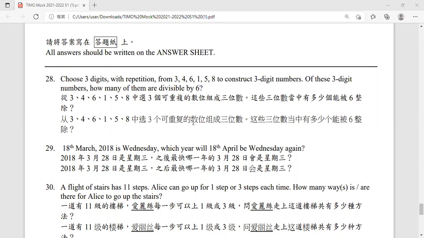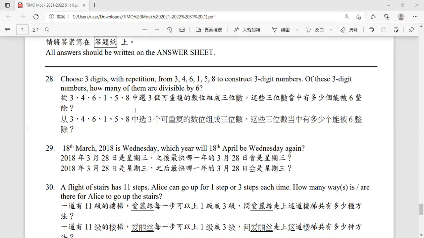Now, please bear in mind that if the number can be divided by 6, it should be an even number, and the digits should add up to a multiple of 3.